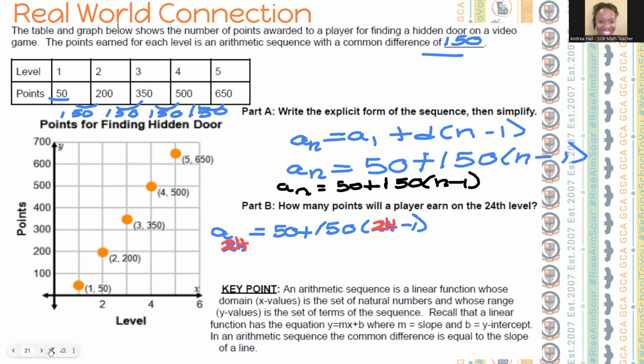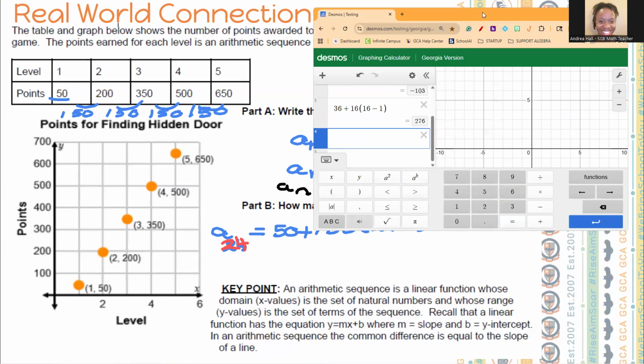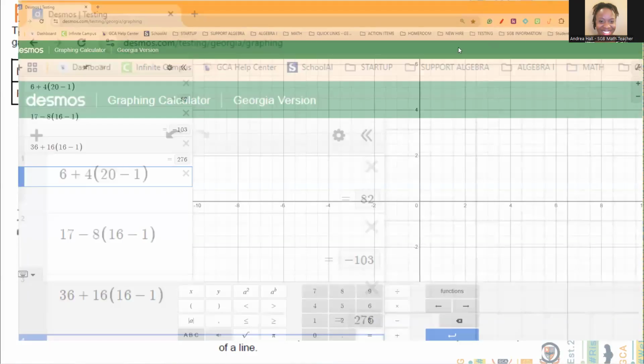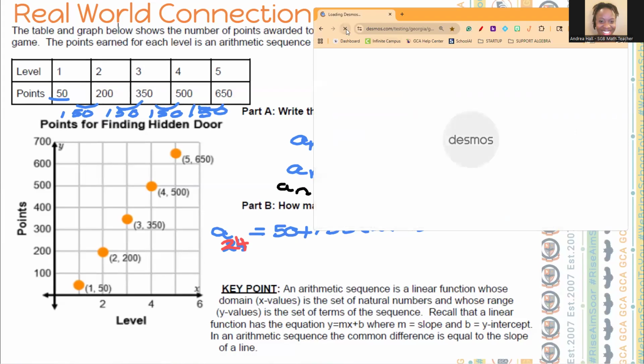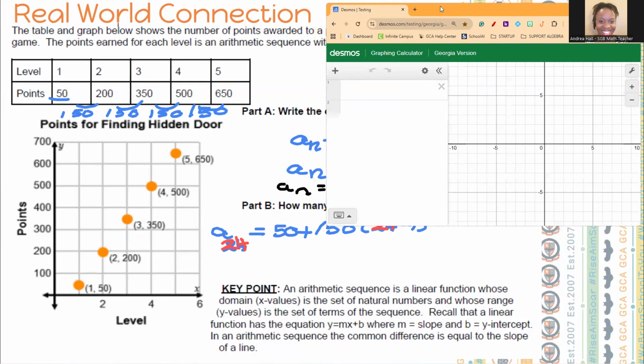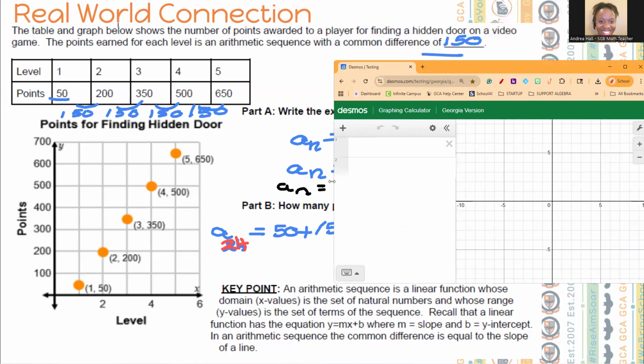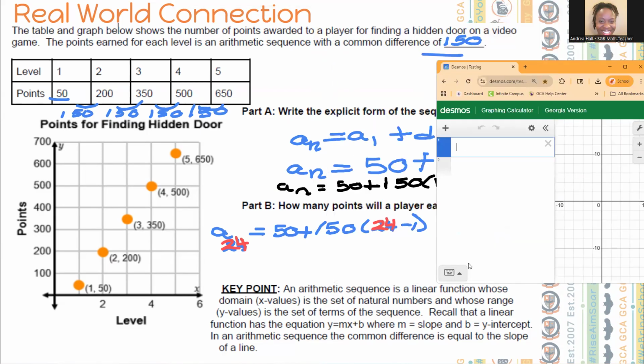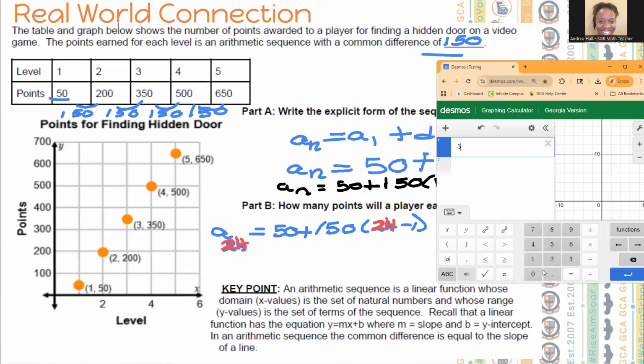All right, so this is when I get my calculator out. Work smarter, not harder. Get your best friend, Desmos. I'm going to plug in there 50 plus 150, open parentheses, 24 minus 1, close parentheses.